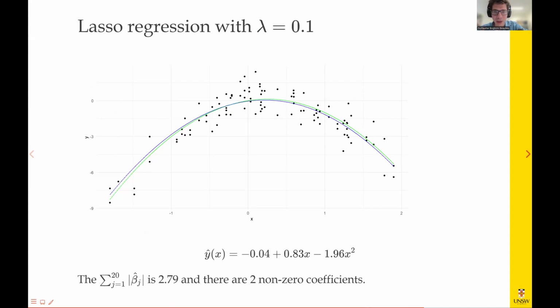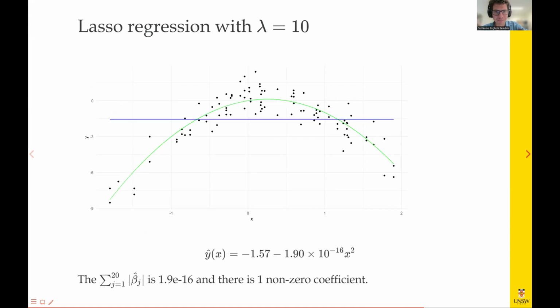And maybe I should have said this from the get-go: this data was generated following a formula where only the x and x squared terms are the function that really generated the data. And again, if lambda is big, you get a straight line as a fit. Still one non-zero coefficient, but the beta is essentially zero, so it's a straight line.